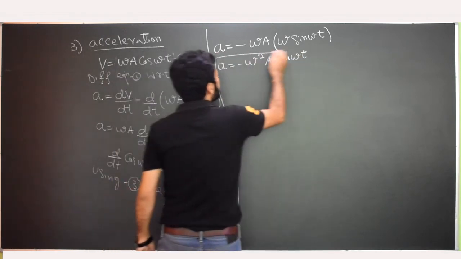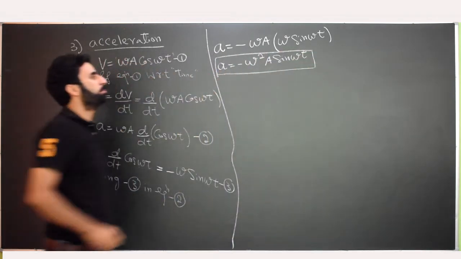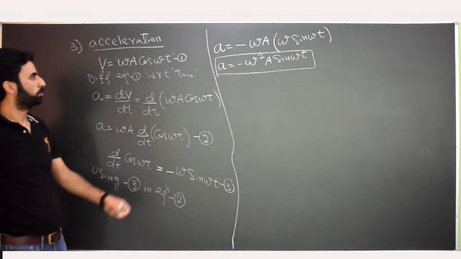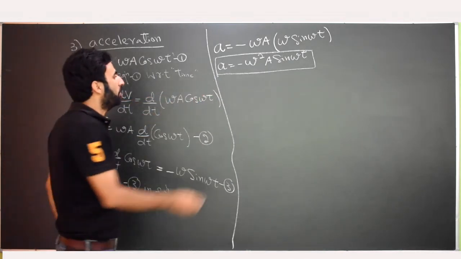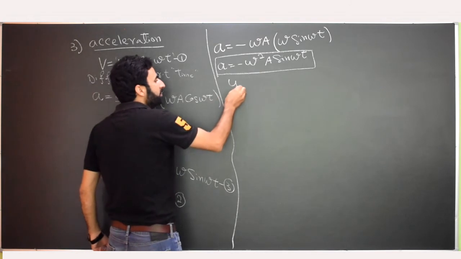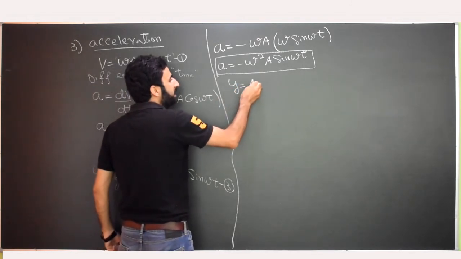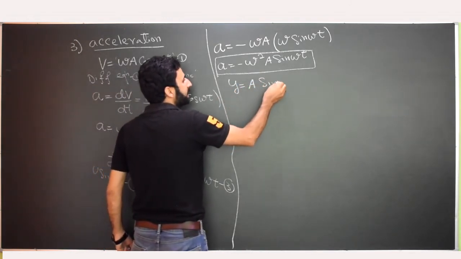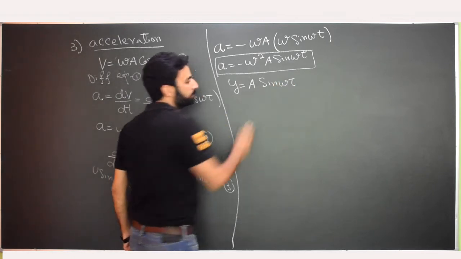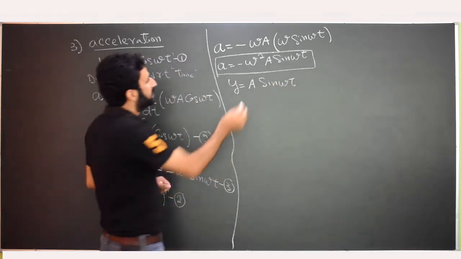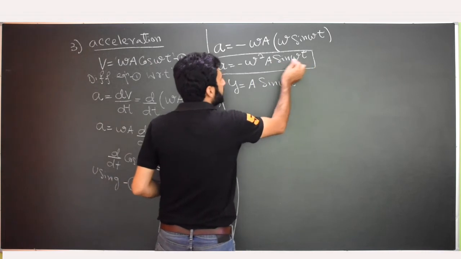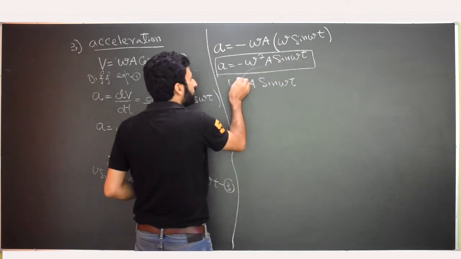So this is the expression we get for acceleration of a particle executing simple harmonic motion. Also we know that displacement of a particle we have represented as y is equal to A sine of omega t. So in place of A sine of omega t we can write y.